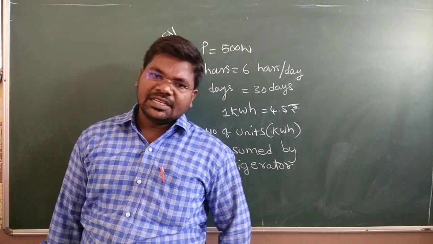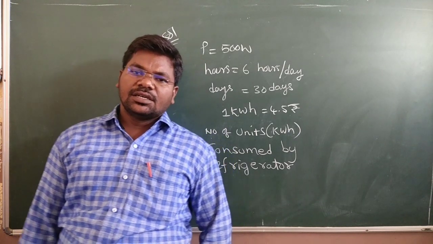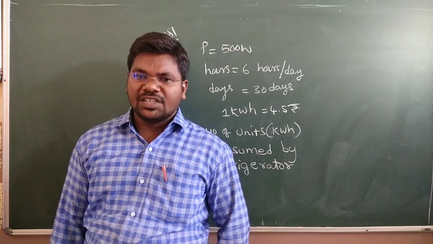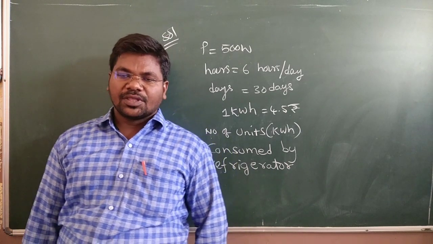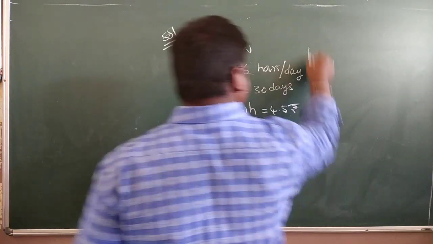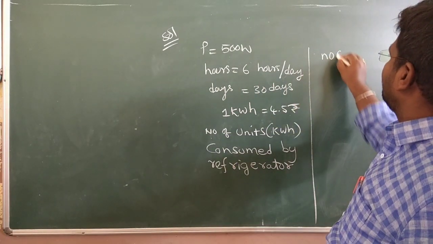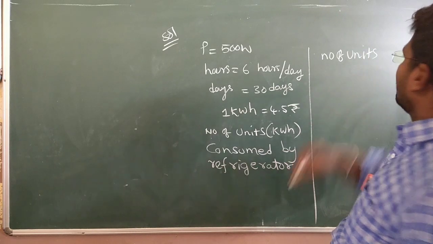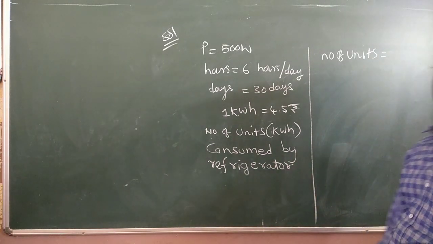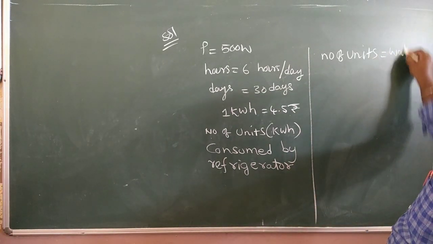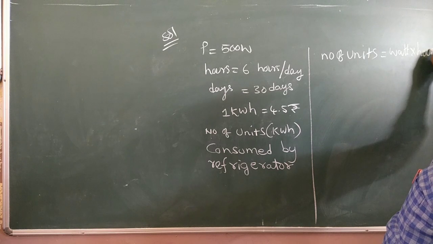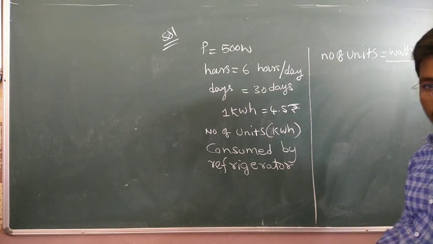We need the number of units of kilowatt hour energy consumed by the refrigerator in 30 days. The number of units of kilowatt hour is equal to total watts into hours divided by 1000.